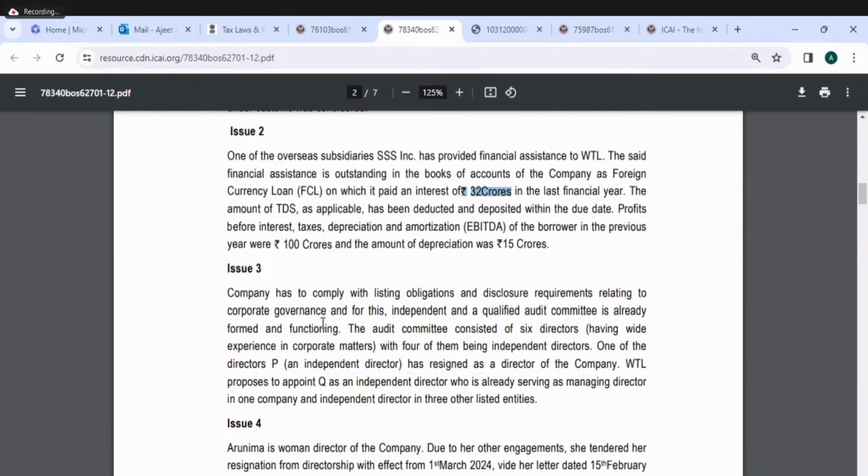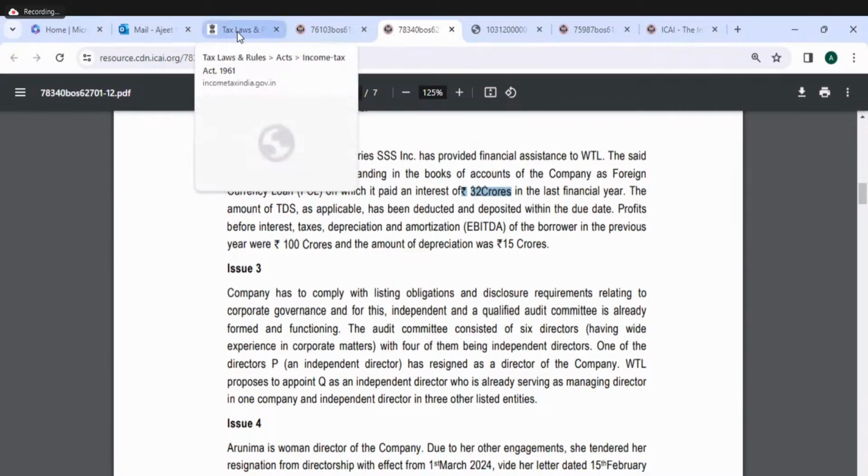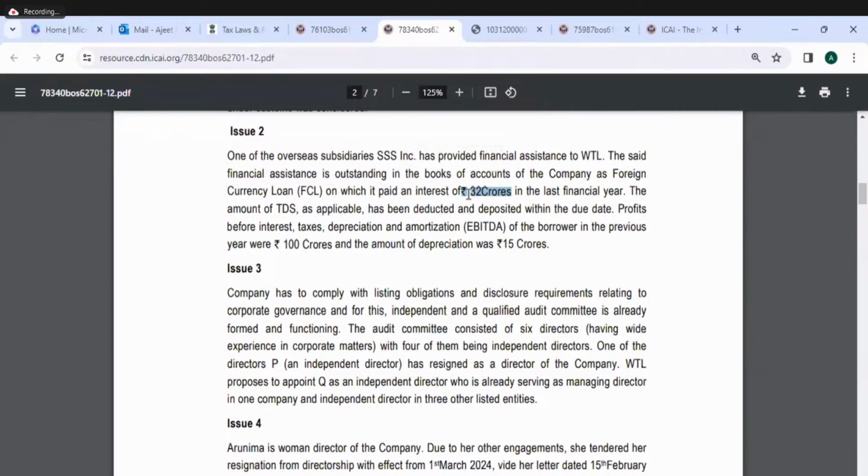Yes, Manisha, 100 crores will be the EBITDA. So 30% of EBITDA is the maximum interest which is allowed, and the remaining 2 crore amount will not be allowed as interest deduction under section 94B. Is it clear, students? Because once you understand section 94B, then we will see what is form 3CD and how to report this information in form 3CD.